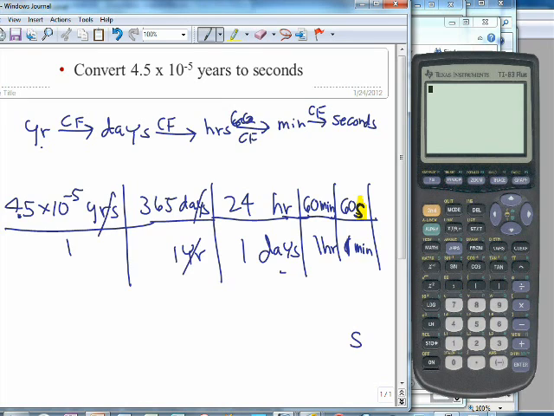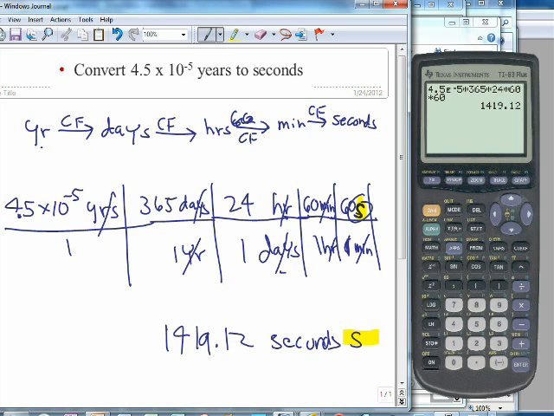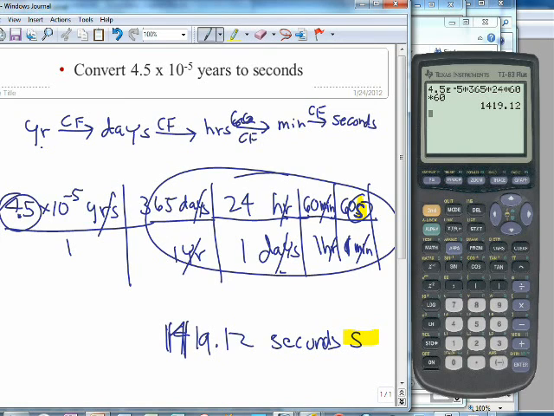We cancel out the days, years, hours, minutes, left with seconds. Now all we have to do is plug the numbers in the calculator. Now there are 2 sig figs. The conversion numbers do not matter. 2 sig figs here. So what are the sig figs going to be for this one? This might be tricky. There's only 2 sig figs, so that means it's going to be 1400 seconds.